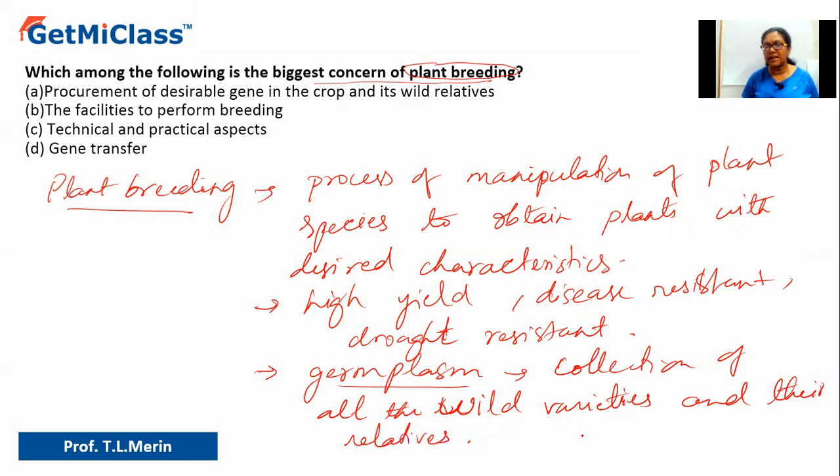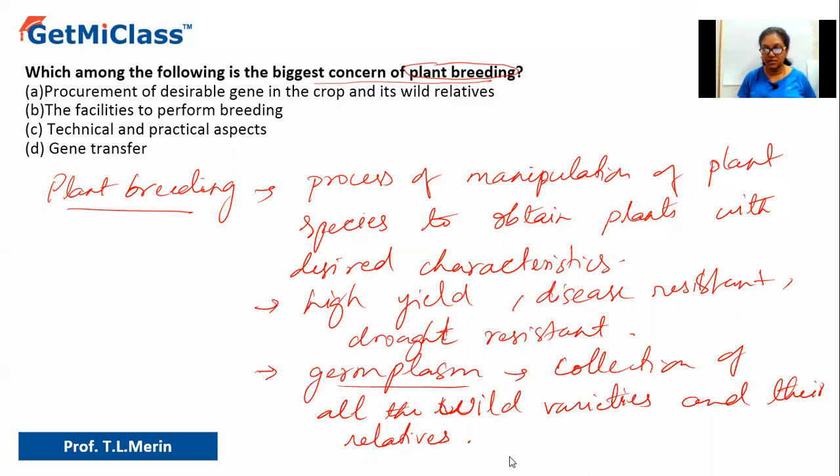Why? Because for the entire crop, whether it is the wild variety or its relatives, for example you take wheat, whatever varieties of wheat plants are there, you have to collect them wherever they are available. And when you collect different varieties of wheat in one place, that is considered as germplasm.